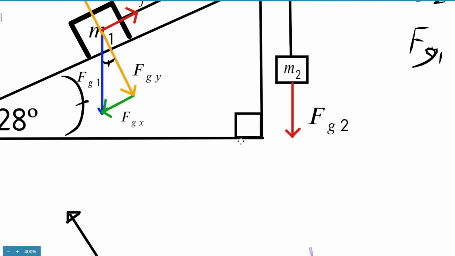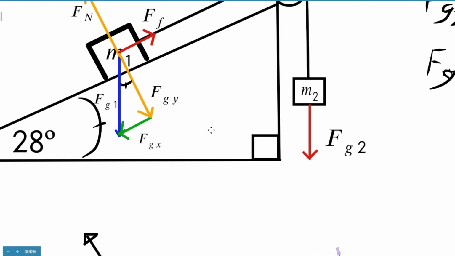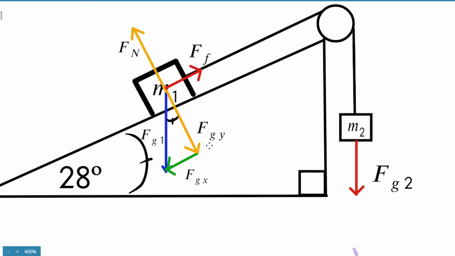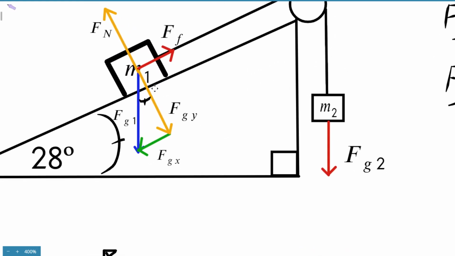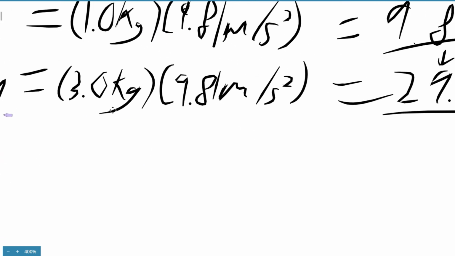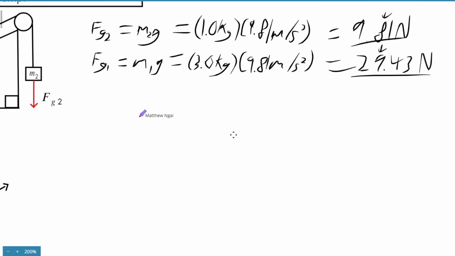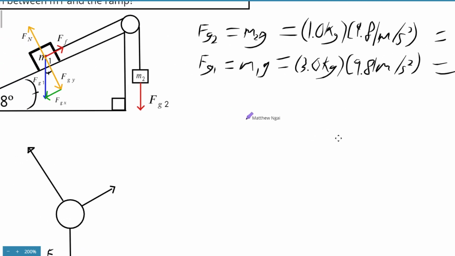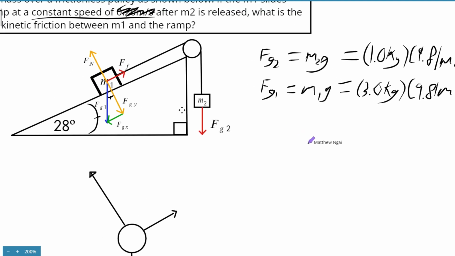So now we can solve this. We know Fg1, we can solve it using trigonometry, SOHCAHTOA. We know that Fg1 is 29.43 newtons. We know that the angle is 28 degrees. So we have the hypotenuse, and we're looking for, let's start with Fgy, which is Fn.